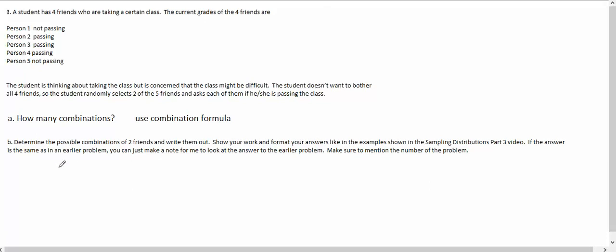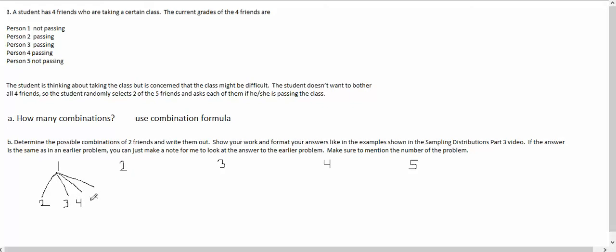So once again, there are 5 population members, so I'm going to be writing 1, 2, 3, 4, and 5. Under here, I'm going to be writing the numbers that come after 1. And just like before, it's going to be 2, 3, 4, 5.